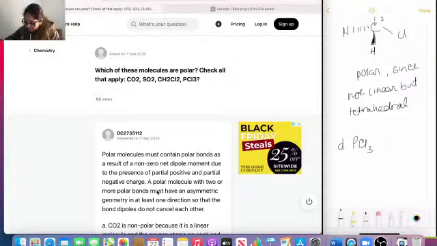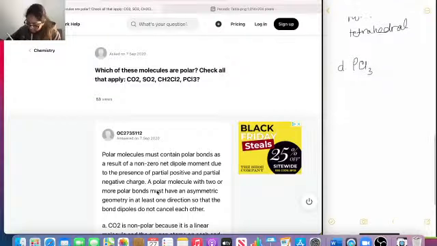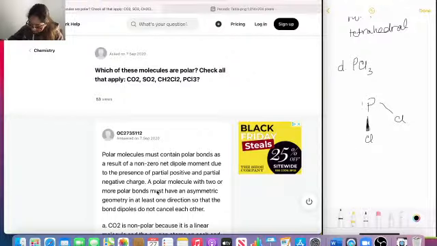The way you draw this is you have Cl, another Cl, and then one going at the back, right? And you have a lone pair.